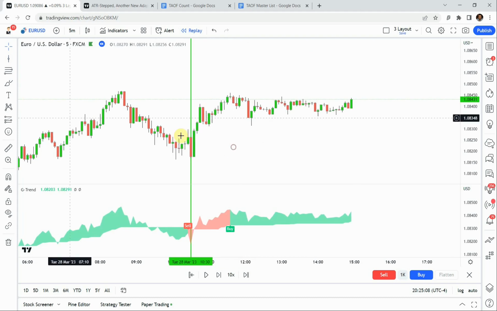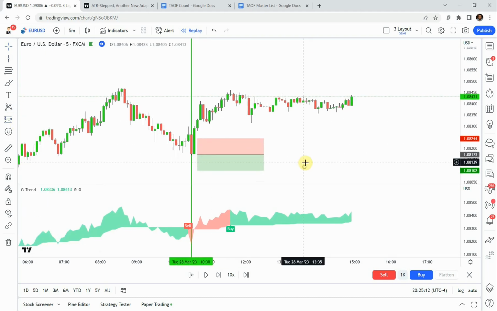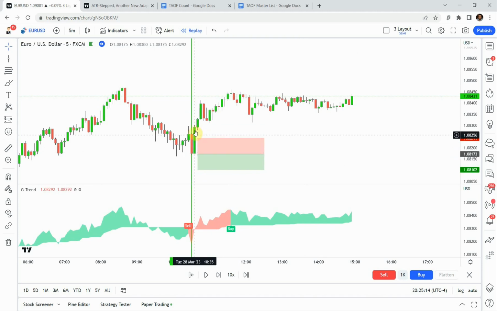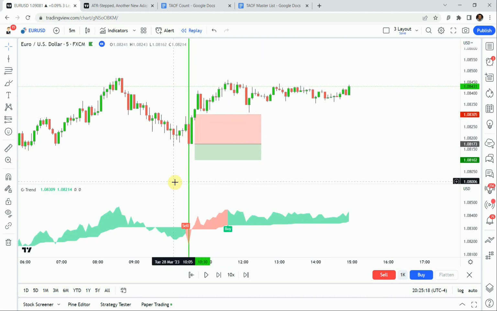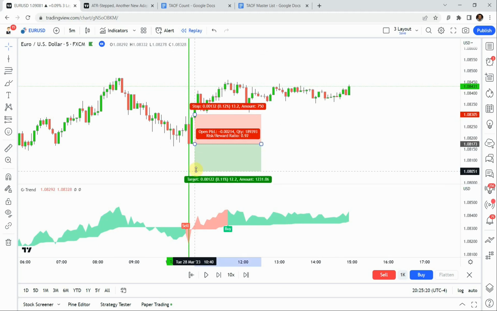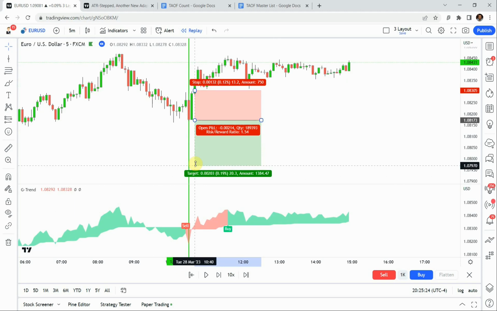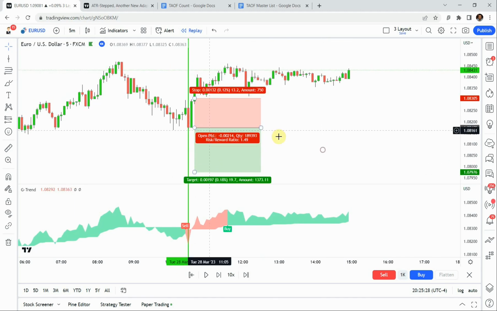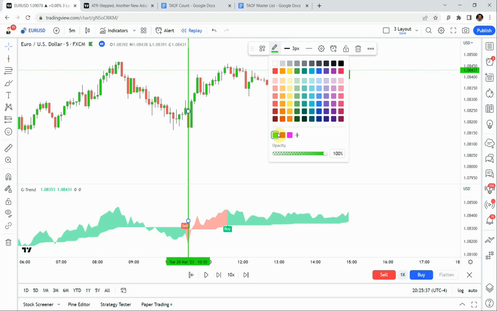For the take profit and stop, we're going to start a position there, put our stop right above the last swing high, and then target a 1.5 reward to risk. Obviously, you can see that this immediately spiked right back to the upside and would have stopped us out in this particular case.